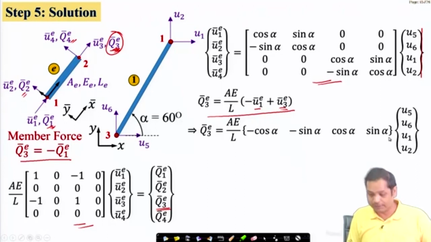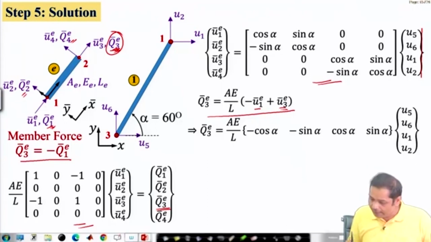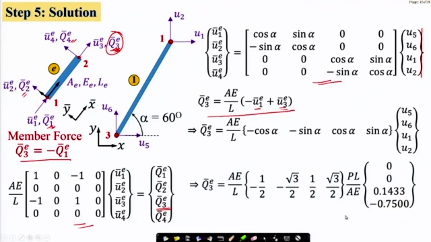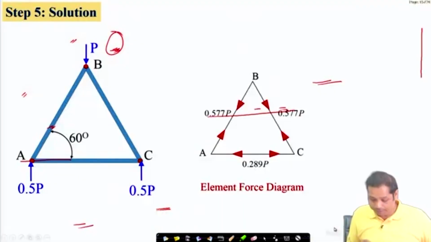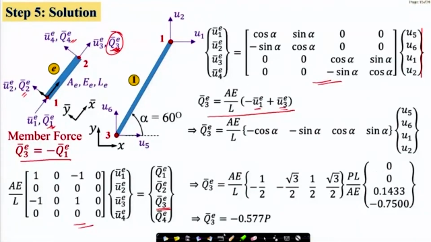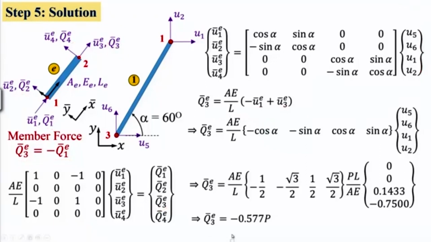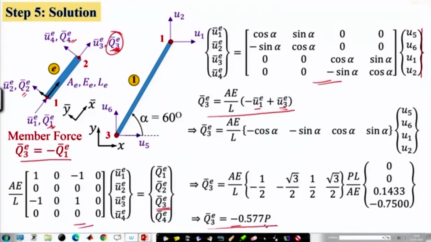Next, for this member number 1, if we substitute alpha, and U5, U6 which we have seen are 0, and U1, U2, these become this, and then finally this will be the member force in member number 1, or element number 1.